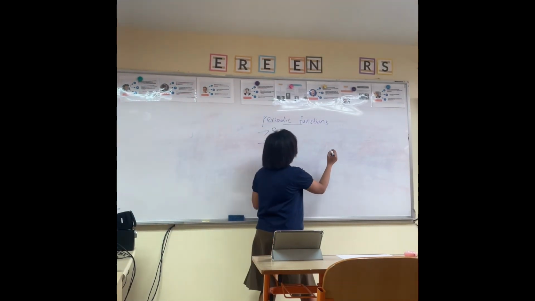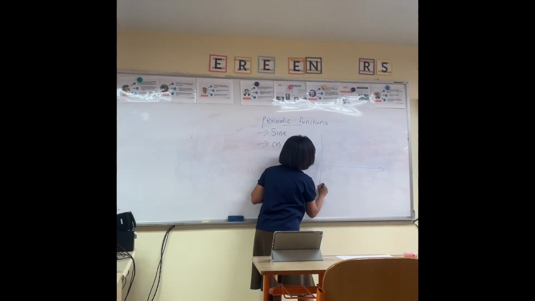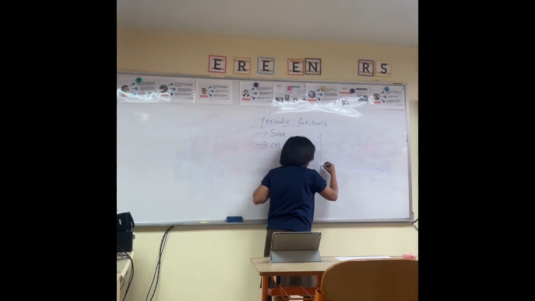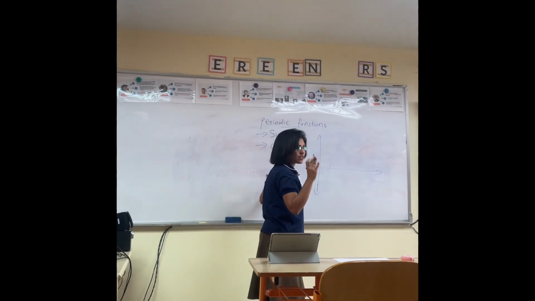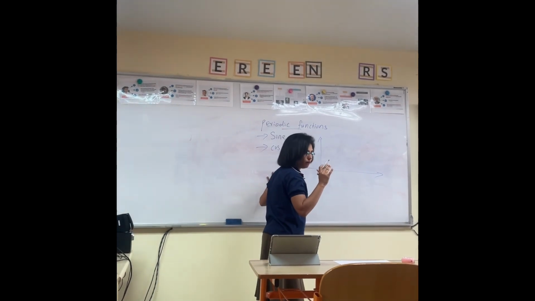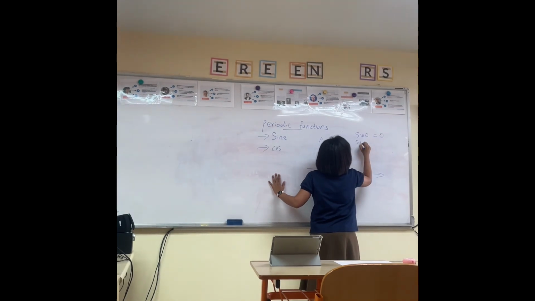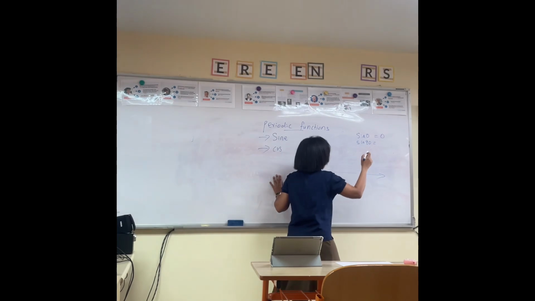So, a sine function. Basically, the structure of a sine function starts from 0, because the value of sine 0 is always 0. So you have to write sine 0 is 0, sine 90. By using your calculator, it will give you the value.